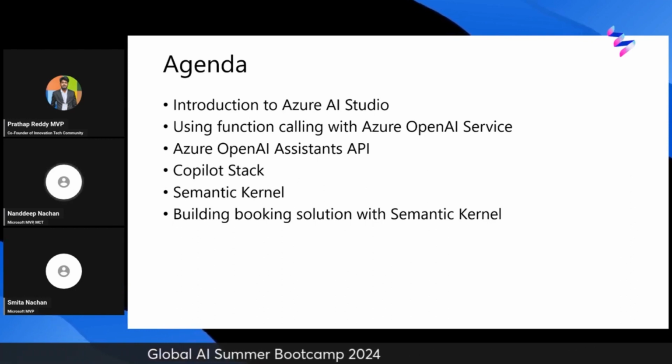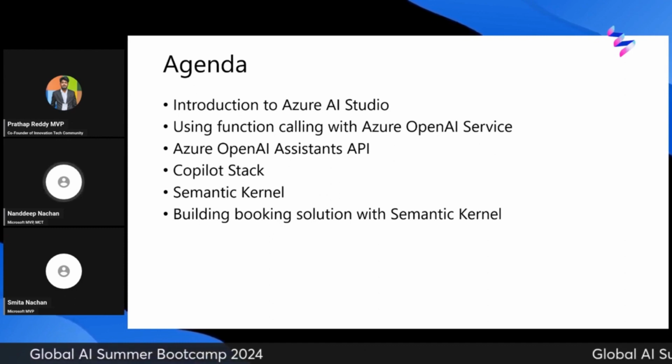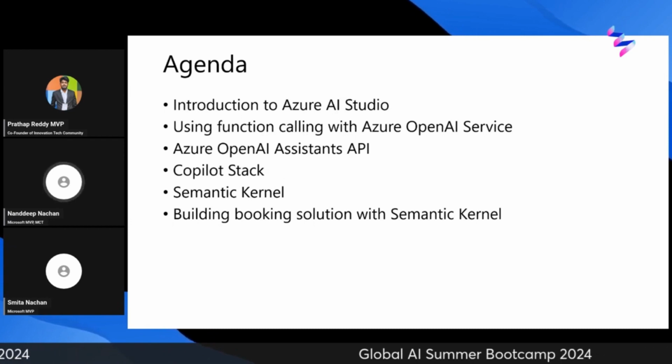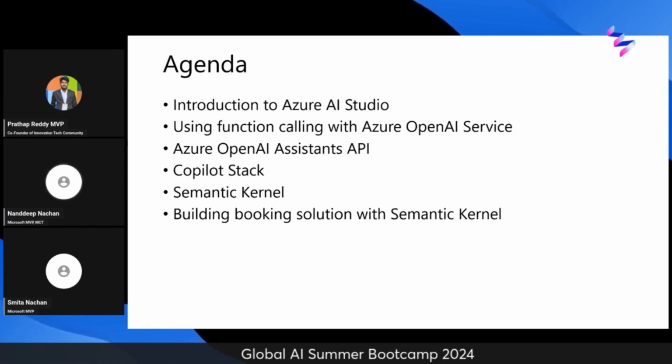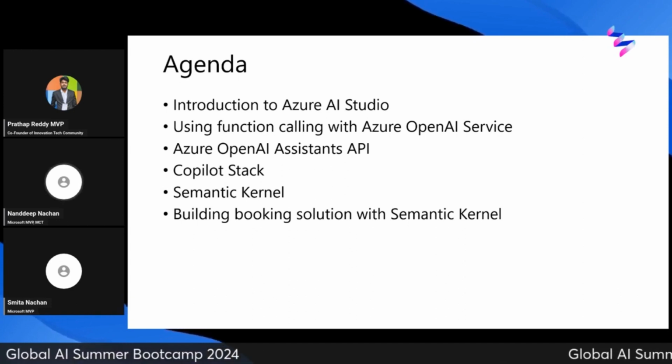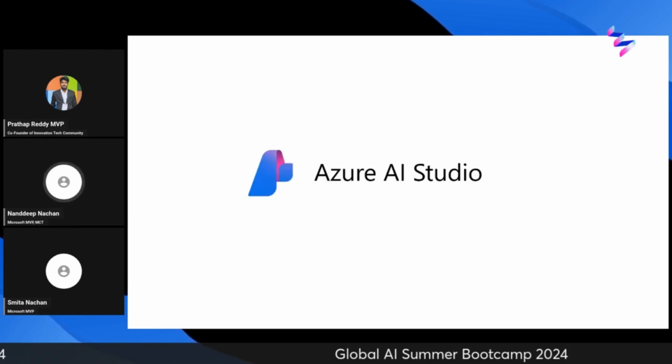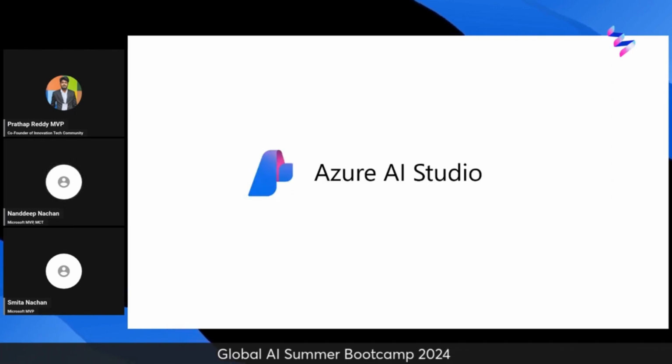We'll see like what the Copilot stack is and how we'll be able to build some kind of Copilots using semantic kernel. And again we do have some good example which is available on the Microsoft repository as well on building the booking solution with semantic kernel. So that is the exciting agenda that we have got. But first, let's go ahead and get introduced to the Azure AI Studio.